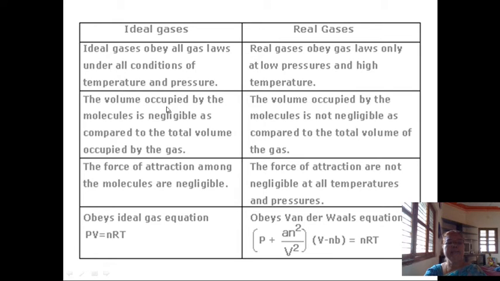Then the second distinguishing point between ideal and non-ideal gases: for ideal gases, the volume occupied by the molecules of a gas is negligible as compared to the total volume occupied by the gas, while the volume occupied by molecules is not negligible as compared to the total volume in the case of real gases, because real gas molecules are rigid and incompressible bodies.